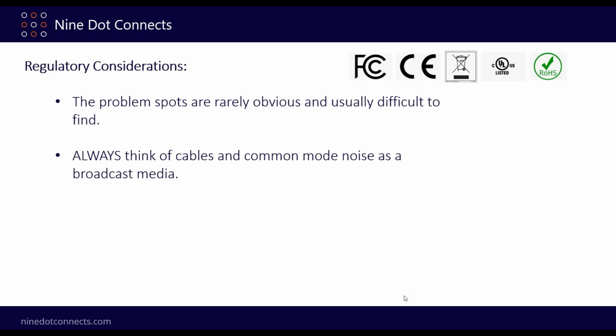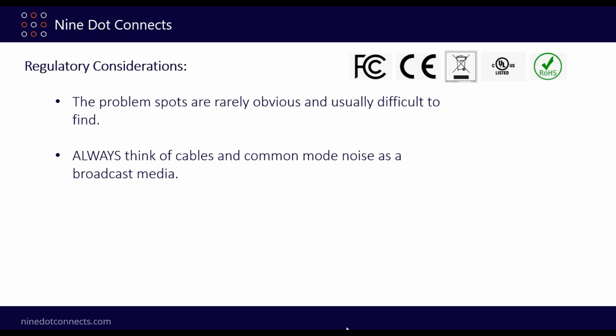Always think of cables as common mode noise, and as a broadcast media, I say this out of experience. You can design a board as quiet as possible with all the right ways of doing it. And as soon as you slap a cable on that thing and it comes out of a chassis or something like that, if you have cables that haven't been routed correctly, or you have common mode noise on your power supplies or your ground planes, that stuff is the worst to have to worry about, and it comes out hard and fast.